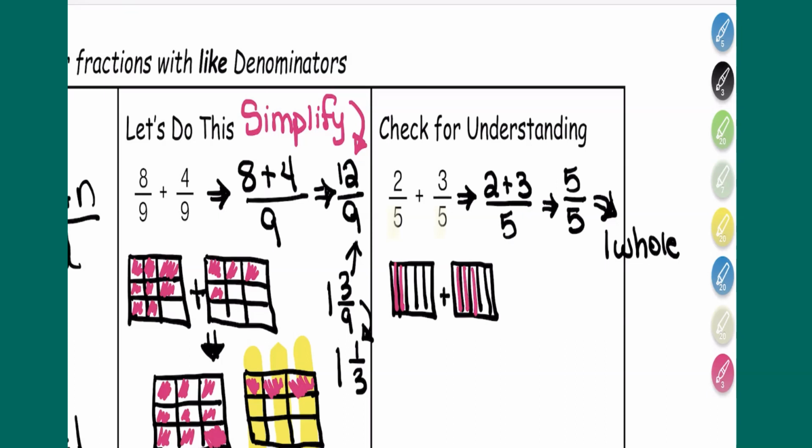Now, when I add those together, what is that going to give me? Well, let's just try it here. 1, 2, 3, 4. We don't need a second box, so let's just put this here. So these 2, 1, 2, and then these 3, 1, 2, 3. And we can see from this example that it completely fills up that box. So that gives us 1 whole.